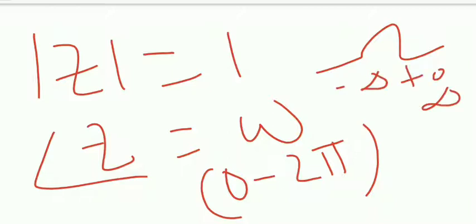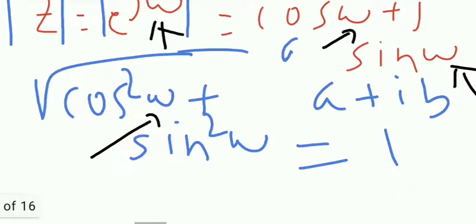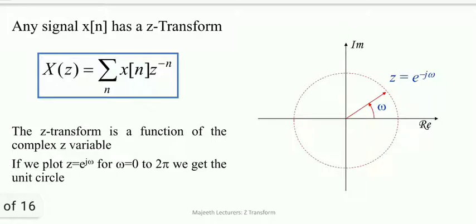Since the Z transform works with discrete-time systems, it takes a discrete frequency and its range is from 0 to 2 pi only. So in the Z transform and DTFT, we use omega values from 0 to 2 pi. Now mod z has a magnitude of 1 and z has a phase of omega, so omega varies from 0 to 2 pi.